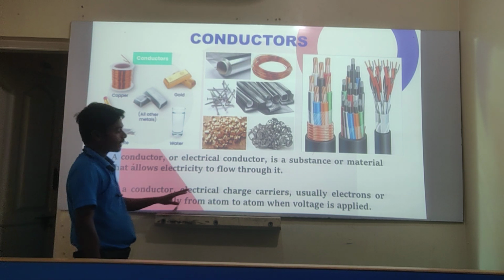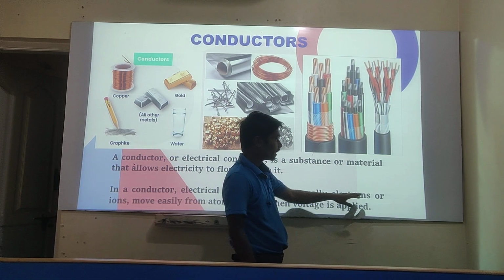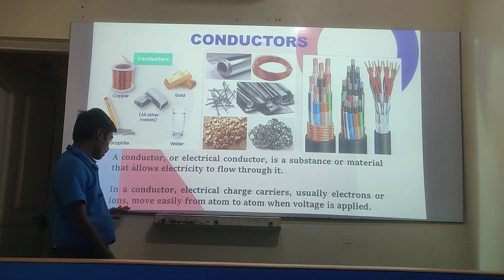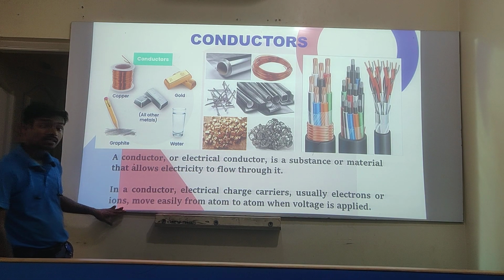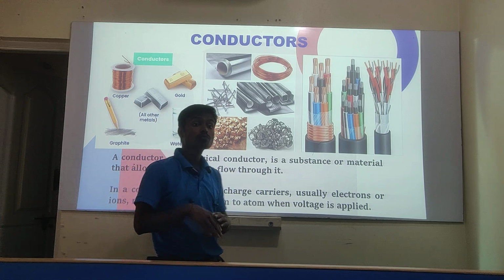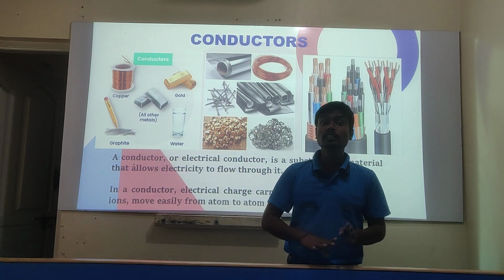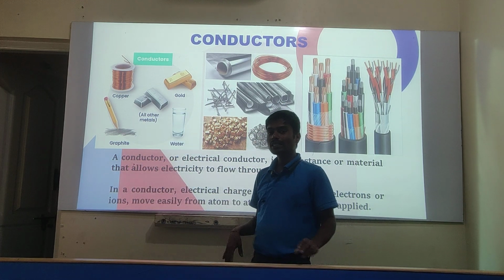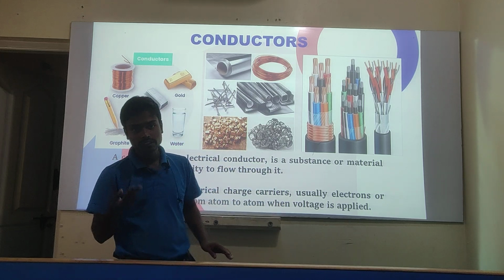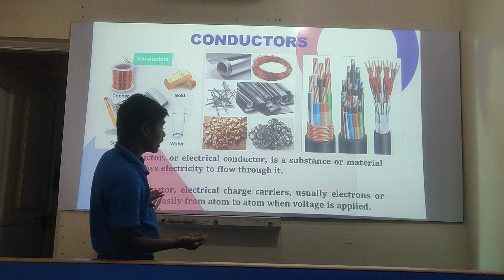In a conductor, electrical charge carriers are usually electrons or ions. Ion means positive charge, electrons mean negative charge. In the material there are two charges, one positive and one negative.